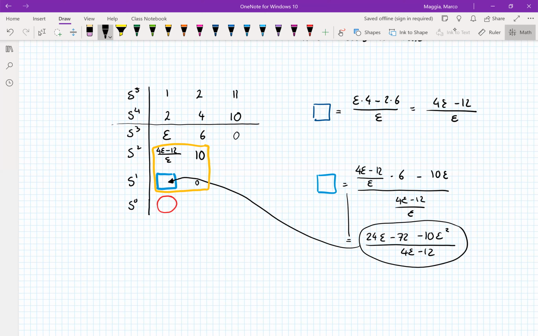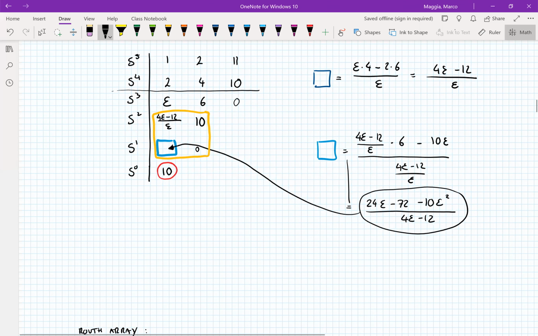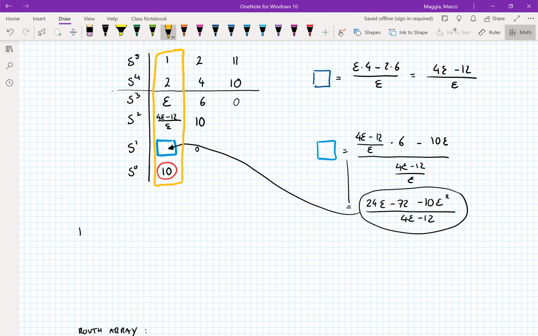Fortunately, here being a 0, what we're looking for is simply 10. All right, so now we have the elements of the Routh array. And let me highlight them. Here we go. There are 1, 2, epsilon, 4 epsilon minus 12 divided by epsilon, and then this 24 epsilon minus 72 minus 10 epsilon squared divided by 4 epsilon minus 12 and 10.